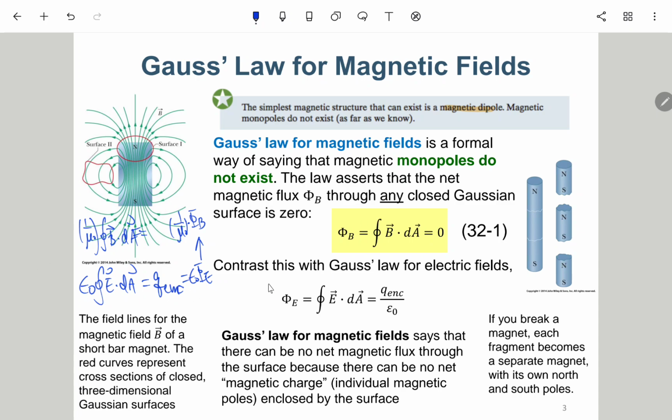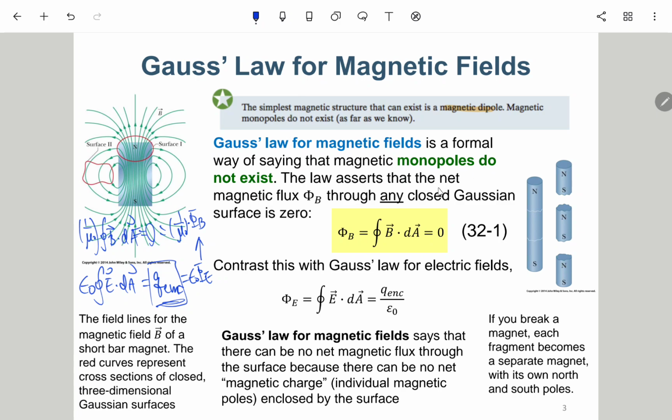In the E field case, we have individual charge, so we can have net positive charge or net negative charge. So we have this Q enclosed, but we don't have magnetic monopoles. So in that case, we have a 0 there. It says that magnetic monopoles do not exist.